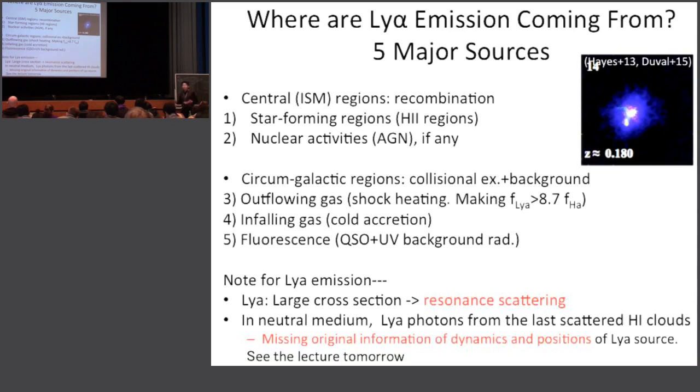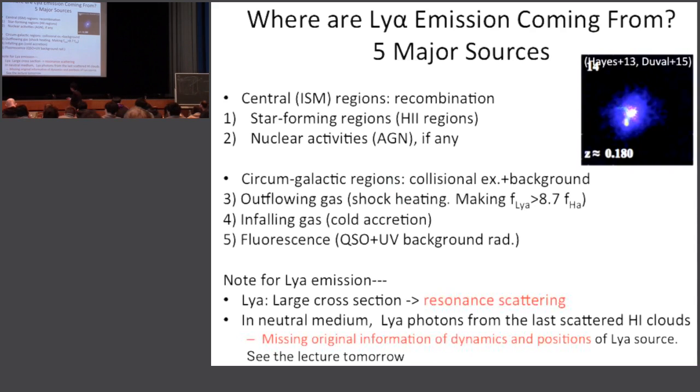By the cold accretion, gravitational energy is released, and then it makes more collisional excitation to make the Lyman-alpha emission. And also the fluorescence, if you have the strong UV radiation field nearby, like quasars or, well, strong star-forming regions, then you get the fluorescence in Lyman-alpha in the regions outside or near to the surface of the galaxies, CGM.